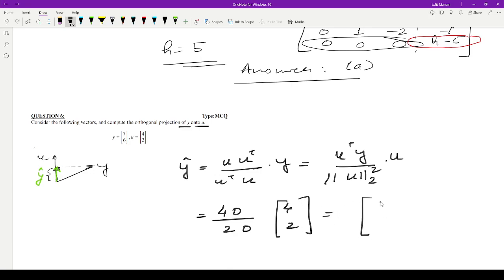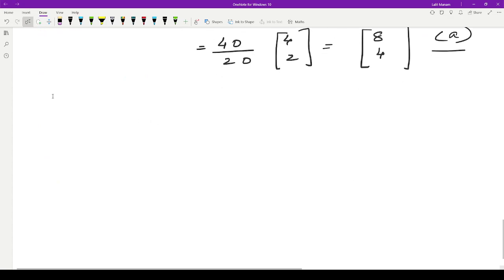So our final answer is the vector containing the elements 8 and 4, which is option A. And now we move on to the next question.